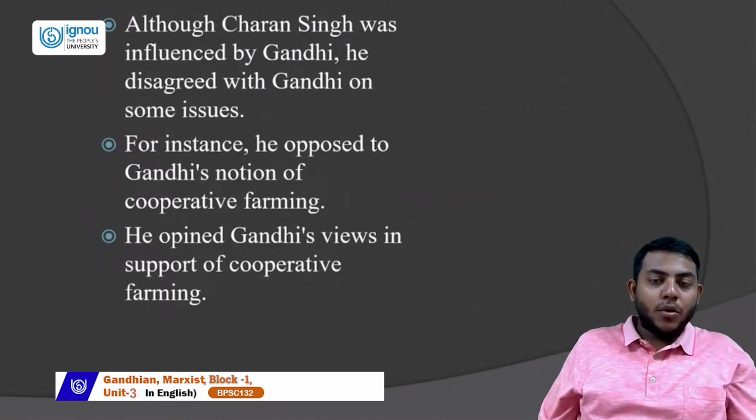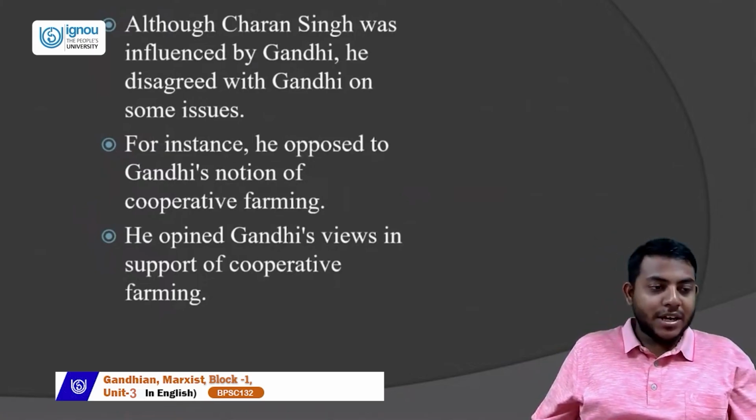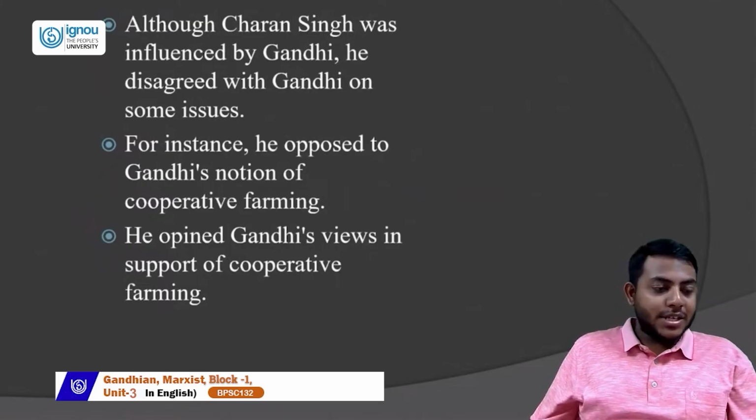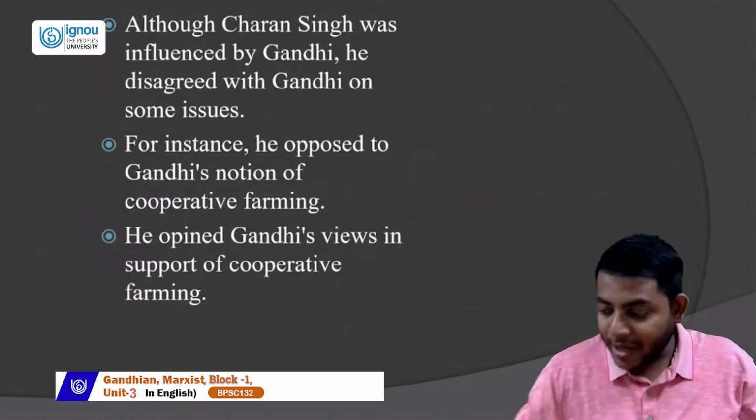If you see, rural industrialization was a vision of Gandhiji, which was later espoused by Prime Minister Chaudhry Charan Singh. It is enshrined in Article 43 of our Constitution, which says that it is the responsibility of the state to promote cottage industries in rural areas, either on an individual or cooperative basis.